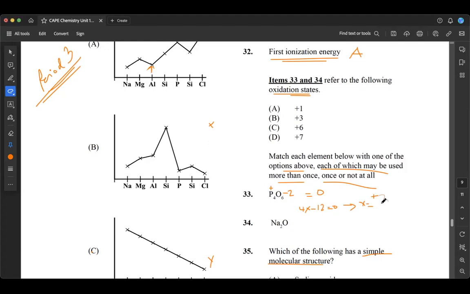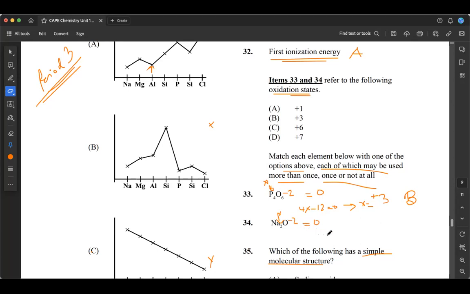So where's +3? +3 is B, so 33 is going to be B, okay? Now we have to find the oxidation state of sodium here, right? This is our unknown, our X here. We know oxygen is going to be -2, and everything has to add up to 0 because it's a neutral compound.